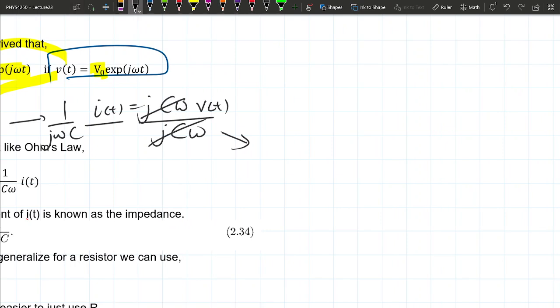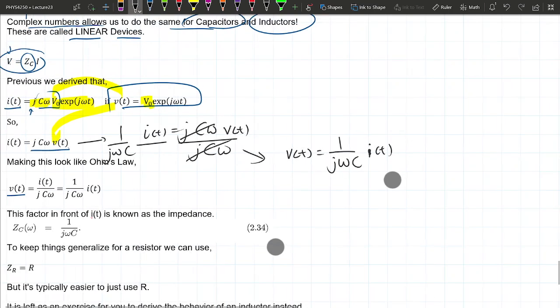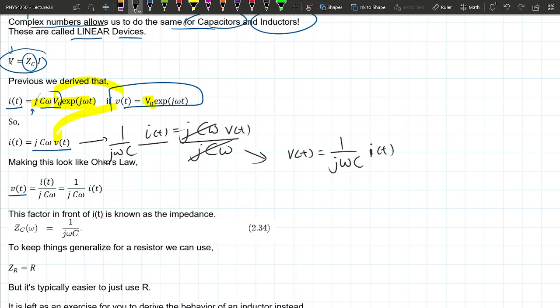I'm going to flip it so it looks like V equals IR: V is equal to some constant, 1 over j omega C, times the current I. So this is for capacitors.